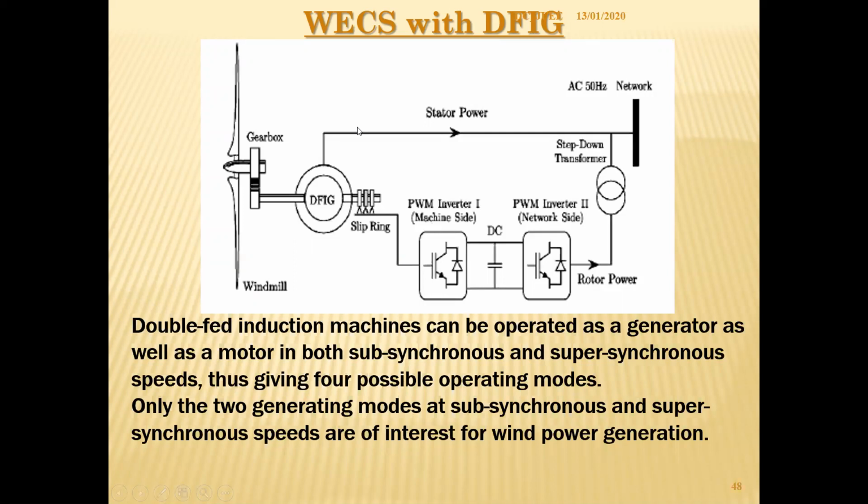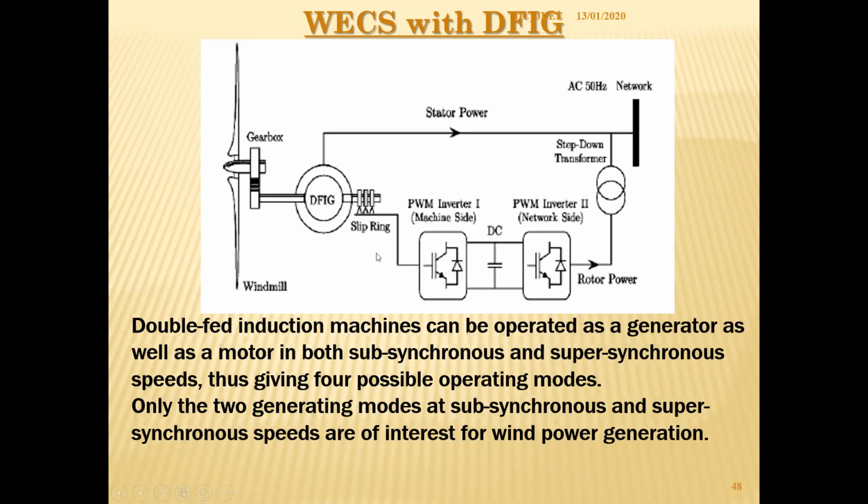That means the power handling capability of these converters will be only 30% of the stator power. If the stator handles 1 megawatt, the rotor side converter will handle 300 kilowatts. So this is much less, and we are able to control a large power with active control of a low power.